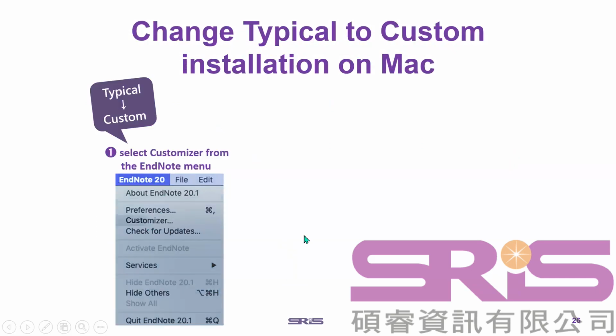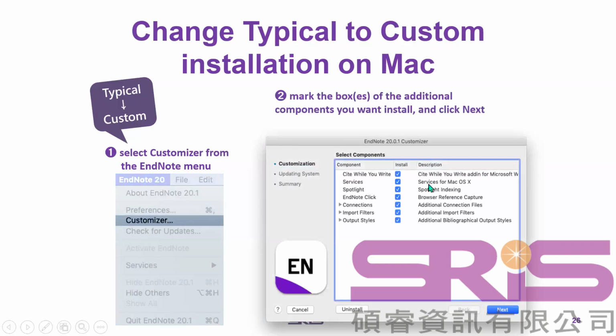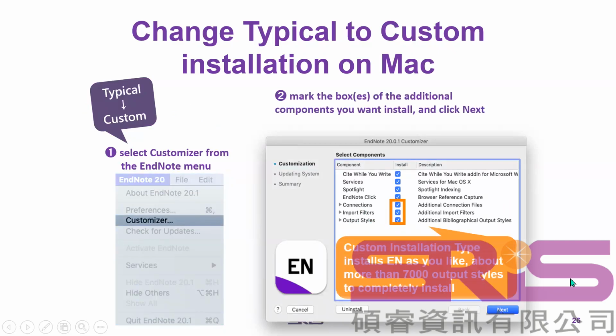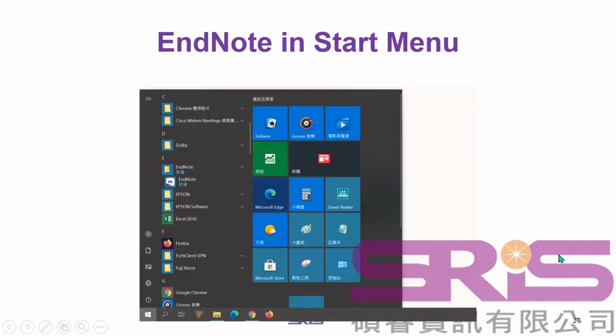Then go to Customizer here, and please check the connections, imports, filters, and output styles here. Then next, then you will get the complete installation. Okay, so I think the installation part is very easy, but just to remind you that you have to extract your zipped EndNote program first in the Windows OS.